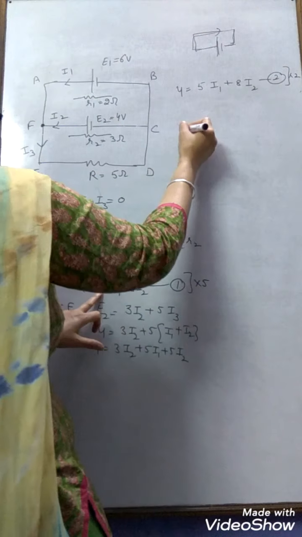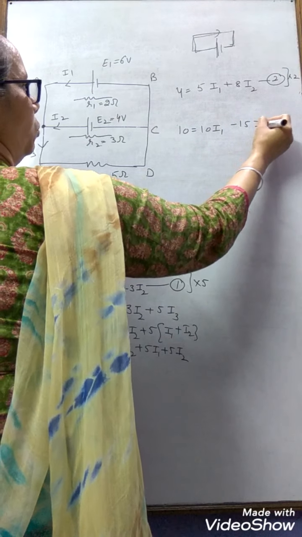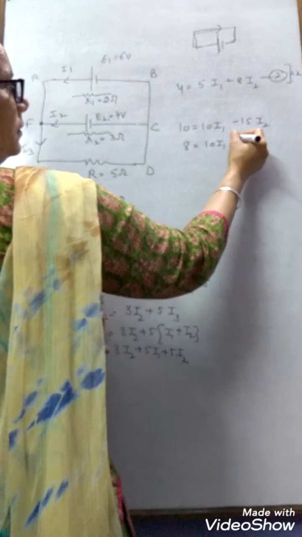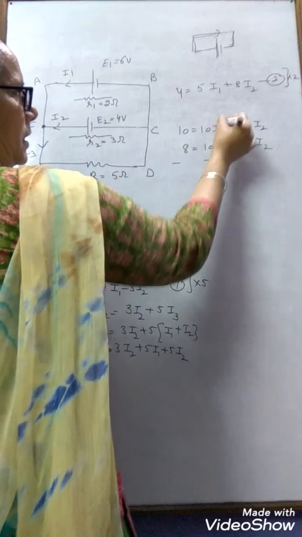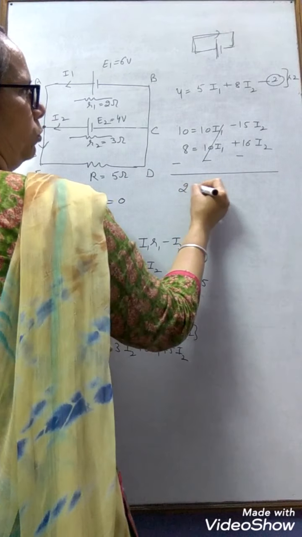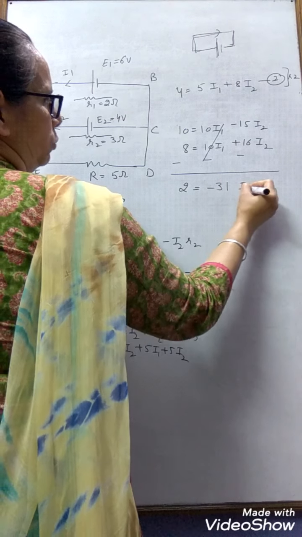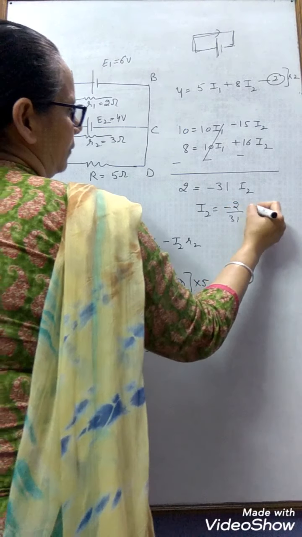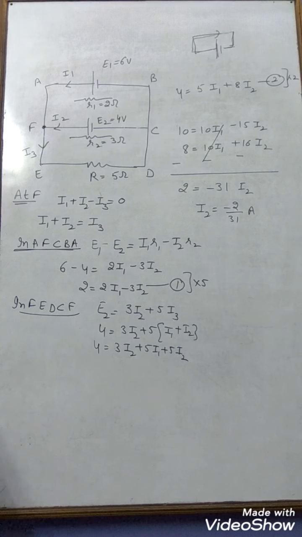Then we have 10I1 minus 15I2, and this is 10I1 plus 16I2. Then subtract, the 10I1 cancels, and what we get is 31I2, and I2 becomes 2 upon 31 ampere. That will be minus 2 upon 31 ampere.